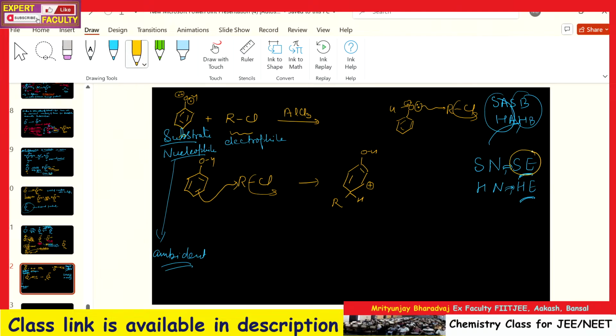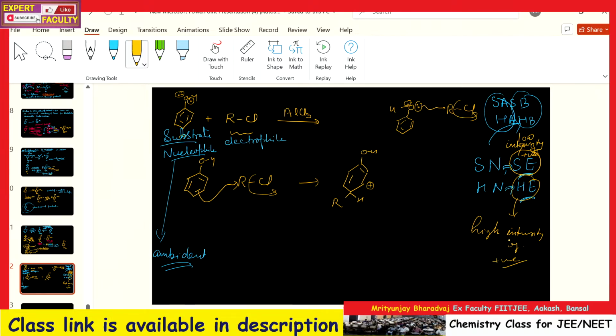Actually, soft electrophile means low intensity of positive charge, and hard electrophile means high intensity of positive charge.